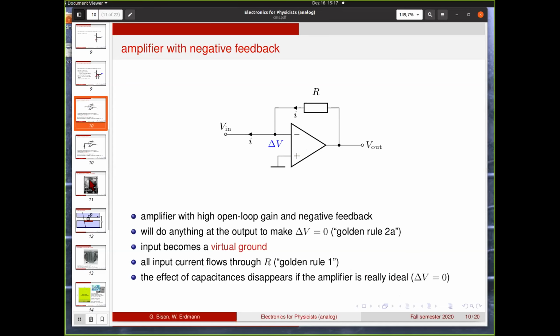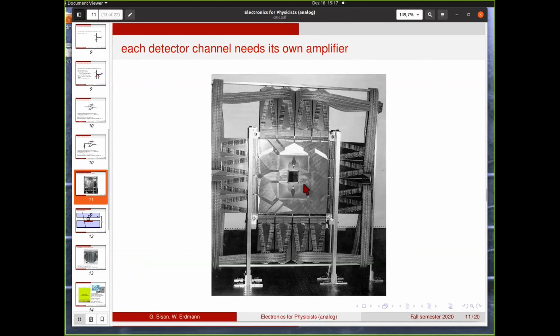So this has been done for many years, and I'm just showing this old picture of one of the first silicon detectors. So here's a 10 centimeter large silicon detector, and the amplifiers here are discrete amplifiers, which are arranged on a huge area around the detector.